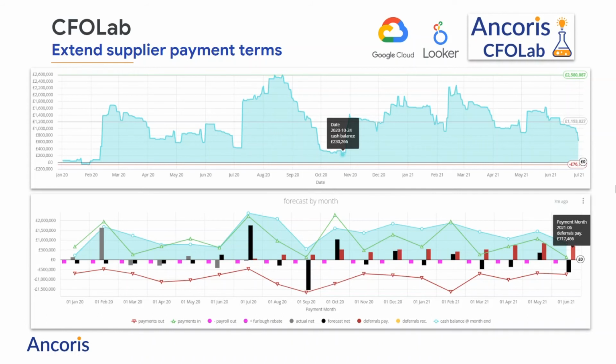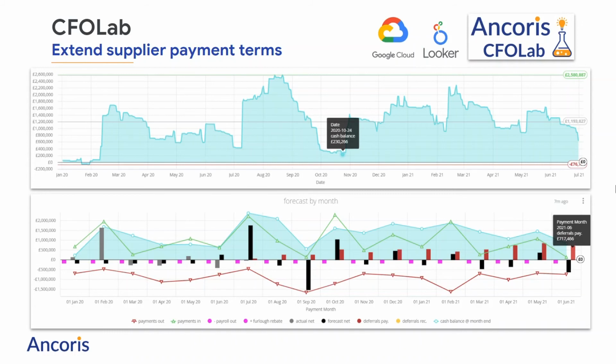And if we look to the end, we can see that the red bar is showing a significant deferral, over 700K. So it's really important that when you're making these tweaks, and remember, this is a very simplistic example, but you may have 200-300 of these amendments, and trying to track exactly what your deferrals are accruing is very important. CFOLab also tracks the deferrals on the customer side.